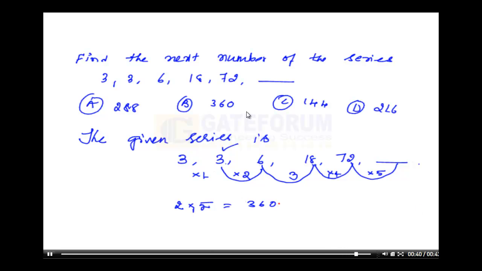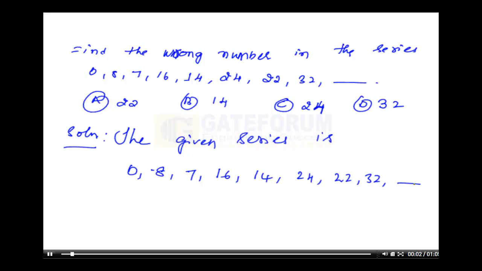That is option B. Find the wrong number of the series 0, 8, 7, 16, 14, 24, 22, 32. Now, just look into the series 0, 8, 7, 16, and so on. Now, let us consider the odd places, that is first, third, fifth, and so on, and also the even places, 8, 16, and so on.